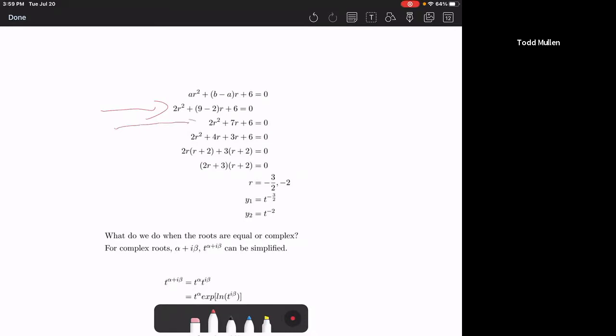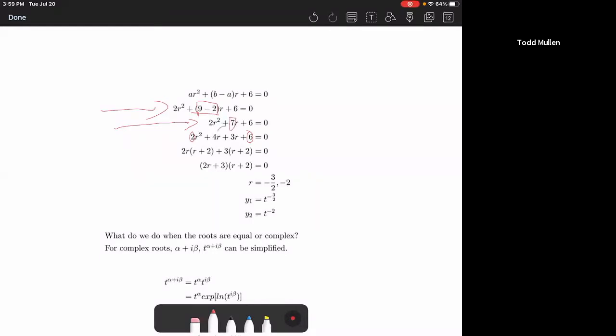Now we'll simplify that b minus a business to just become 7r. And now we're going to factorize this as we would with the auxiliary equation previously in this chapter. Since 2 times 6 is equal to 12, we would be looking for a pair of numbers that multiply to give you 12 and add to give you 7, and that's 3 and 4.